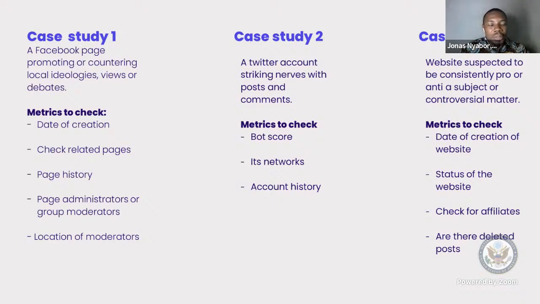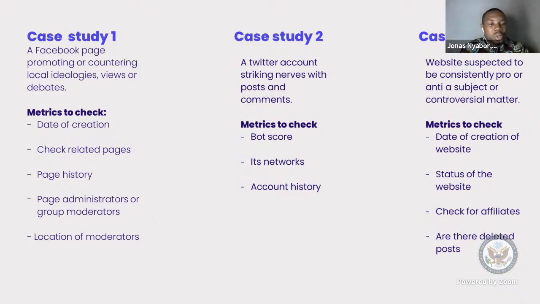If you check the pages that are related to this one that you are investigating, you're able to see certain things in common. For instance, you may see that the administrator of this new page you are investigating is also the administrator of a very known anti-LGBT page. That is very useful information that you can pick up, and based on that, you are able to know the orientation of this new page.